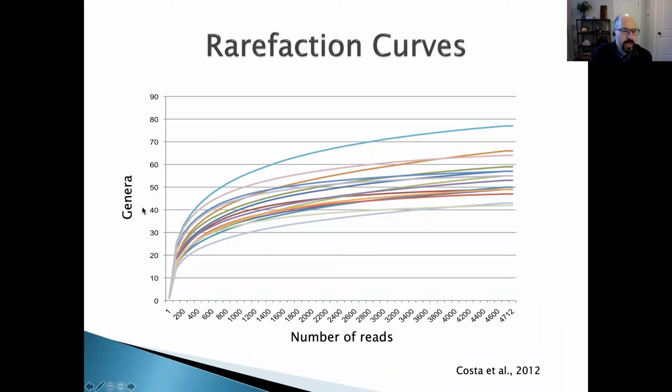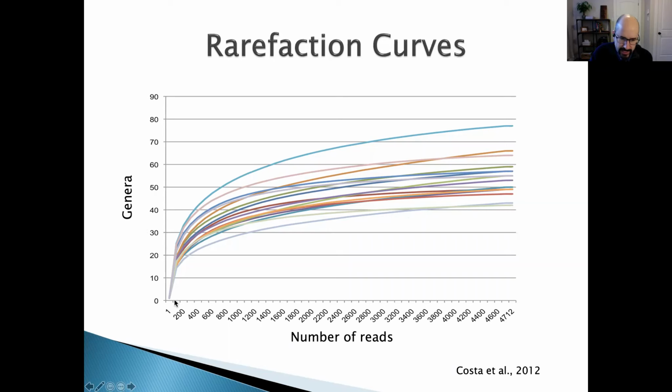And on the y-axis, we put the number of whatever you are analyzing: the number of genera, species, OTUs, or phyla, whatever type of counting of different organisms, you can represent them here on the y-axis, okay? And this is what we find after we plot that.